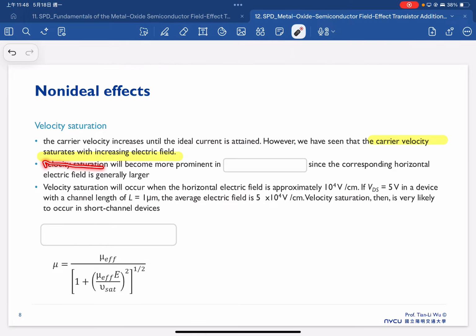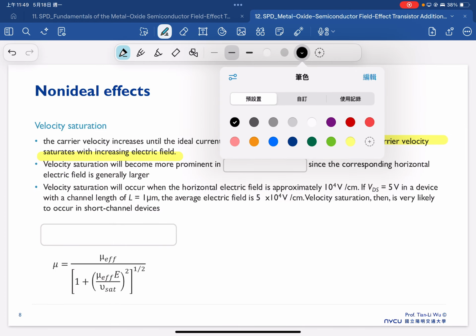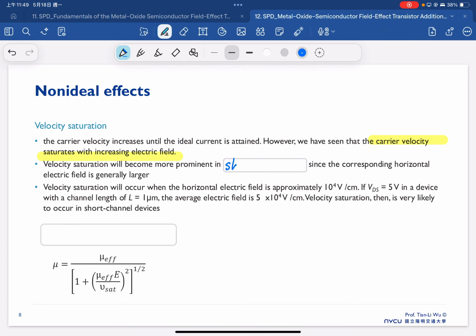Velocity saturation will become more dominant in short channel devices. So the short channel device means that the channel length is small.